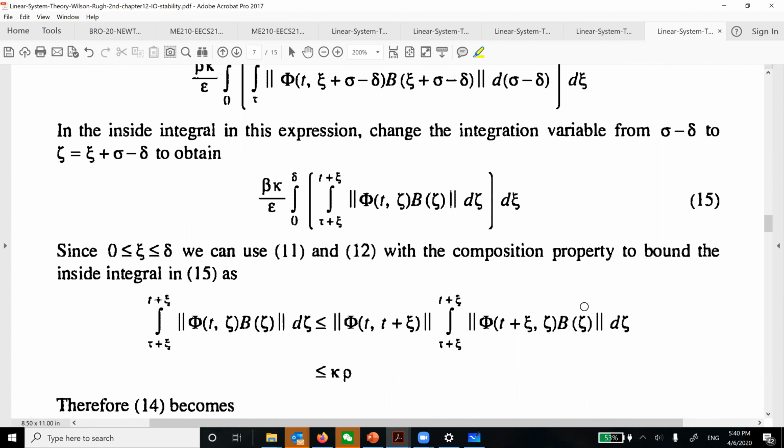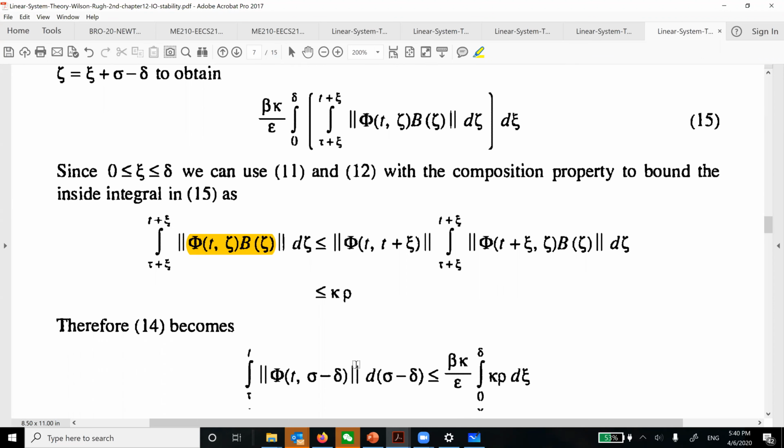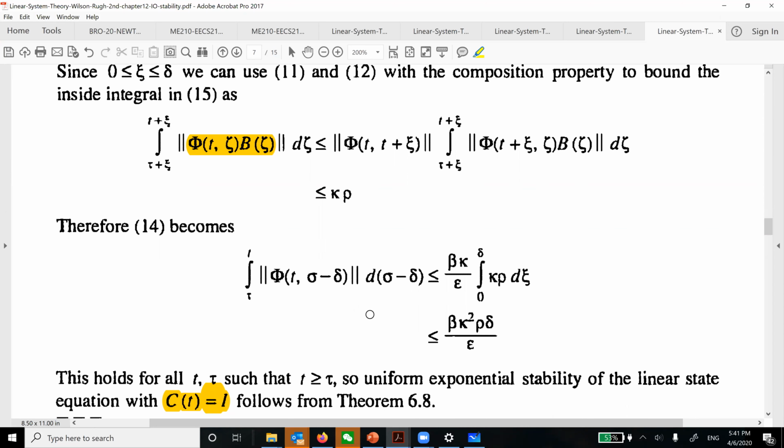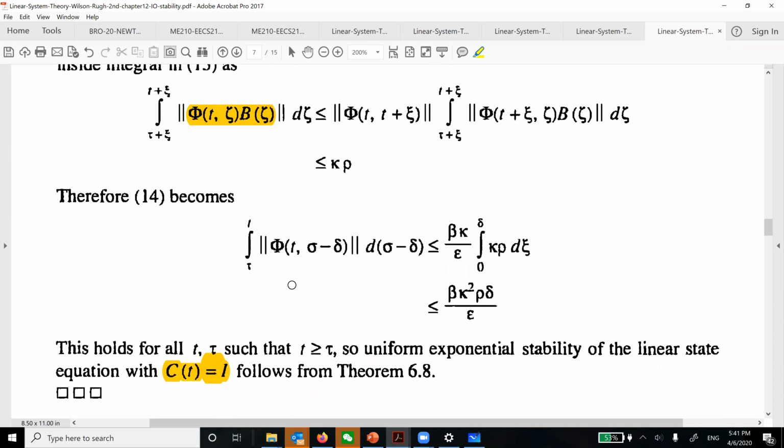So that is IB can be proven upper bounded. That's very tedious. So then this is bounded. If this is bounded for all t and tau, we have so-called uniform exponential stability of the linear state equation.